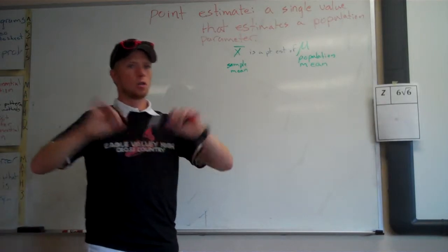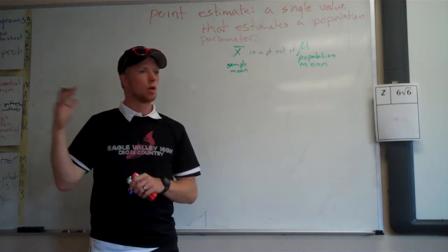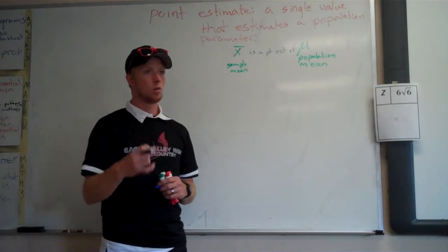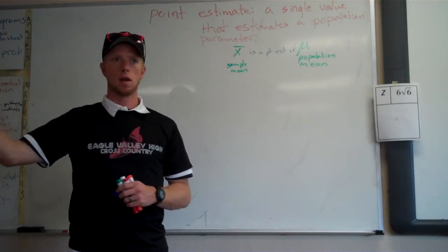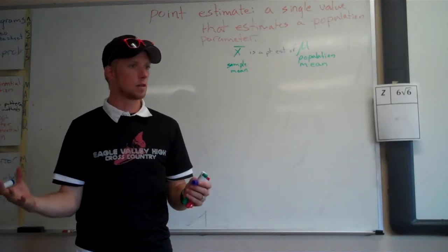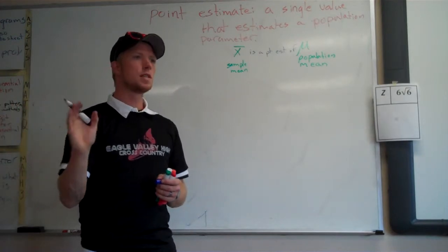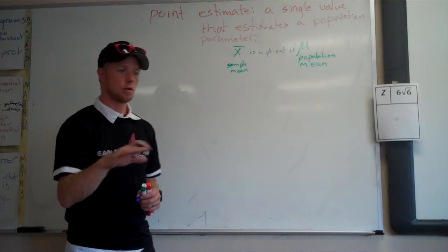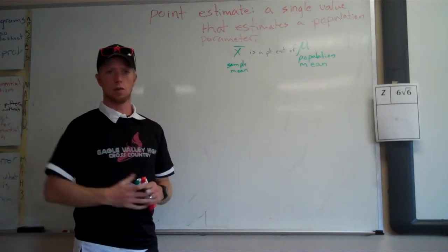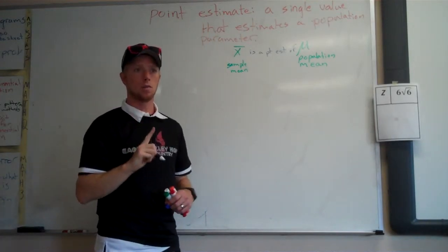If I gave all 25 of my students the opportunity to go out and randomly sample people in our school about who they voted for Homecoming King, you would all get different percentages, or most of you might get different percentages. There's a chance you could get the same thing. But if you all sampled, you'd get different percentages. Yet every single one of your percentages provides a point estimate. It's a single value.